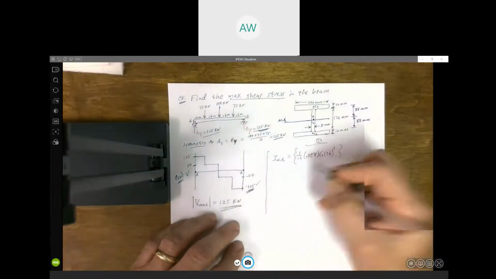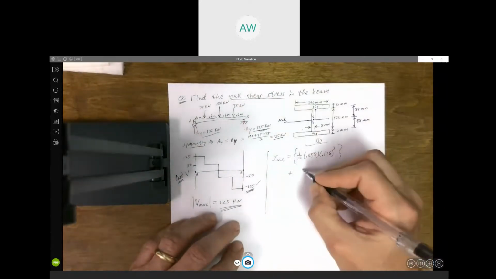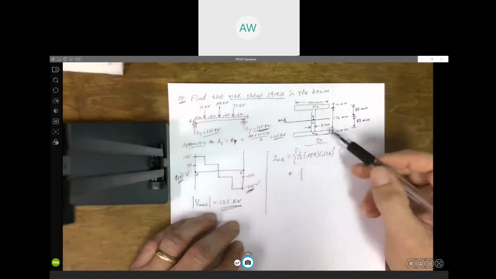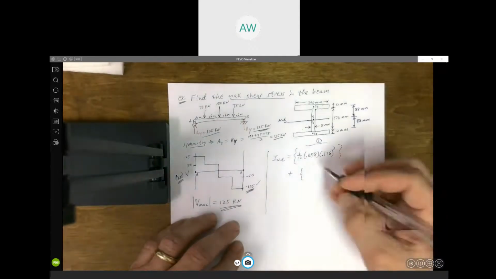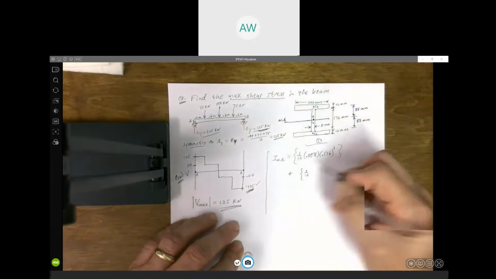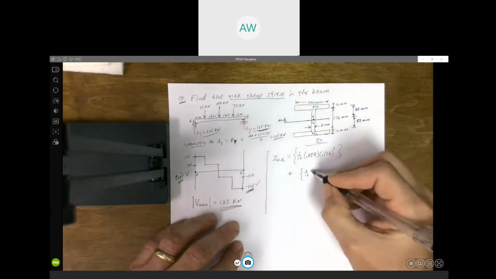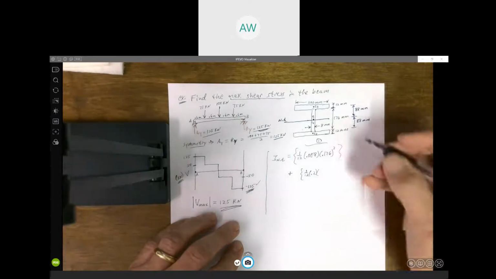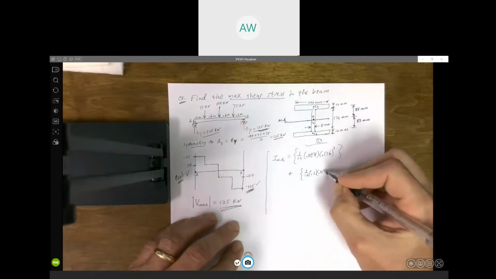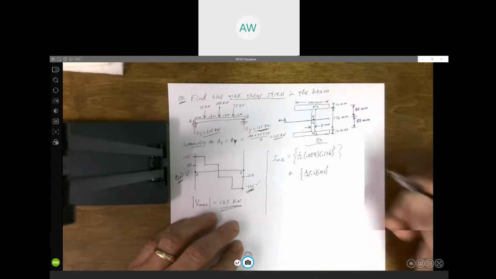And then we're going to add, all right, come down here for rectangle 2. Again, we've got to do 1/12 base times height cubed. So 1/12. The base is 200 or 0.2 meters. And the height is 12 millimeters, 0.012 cubed.